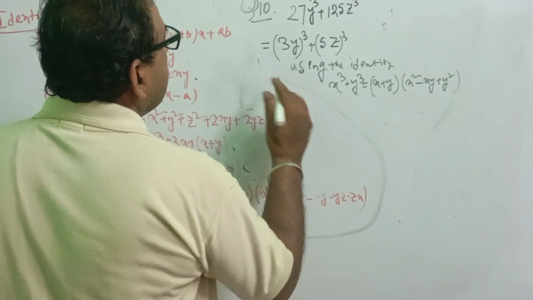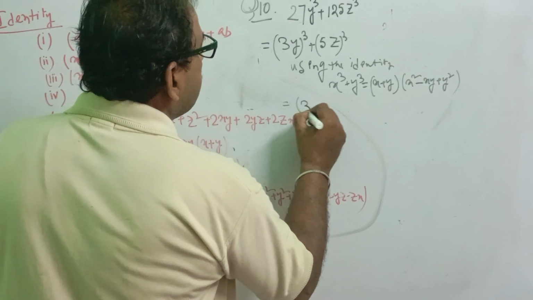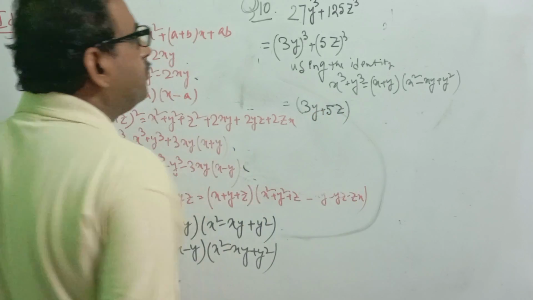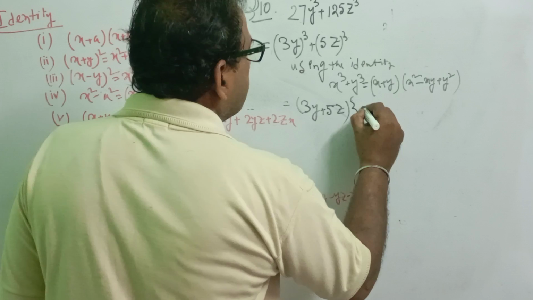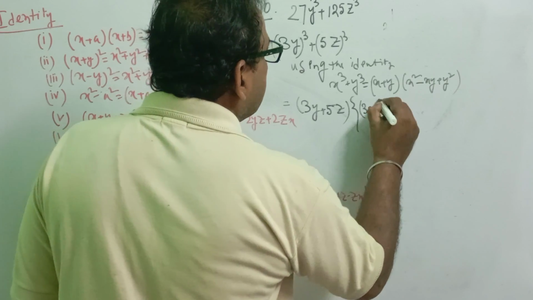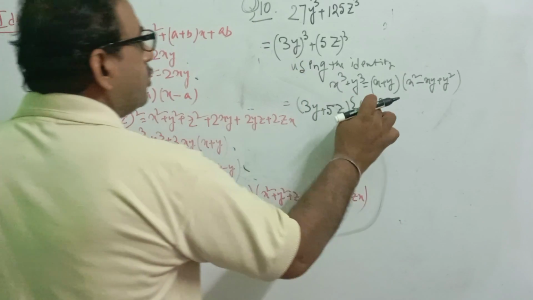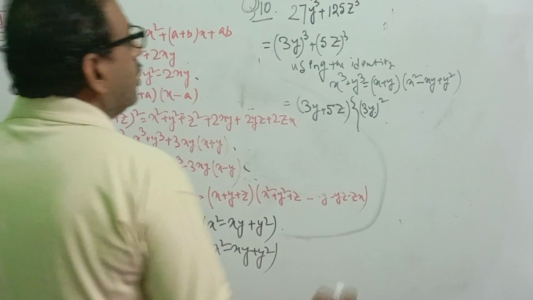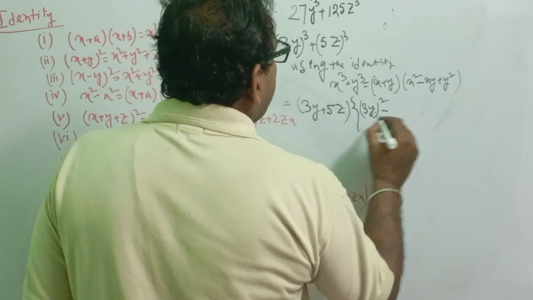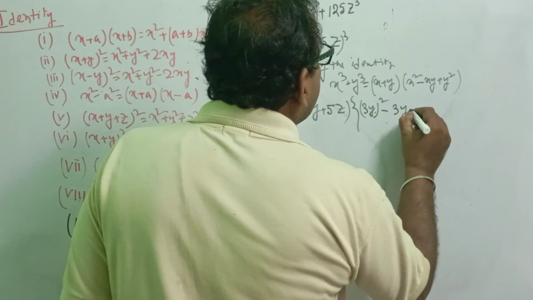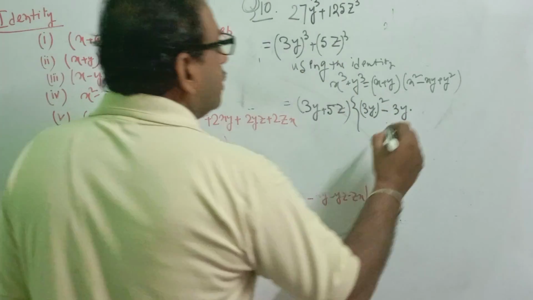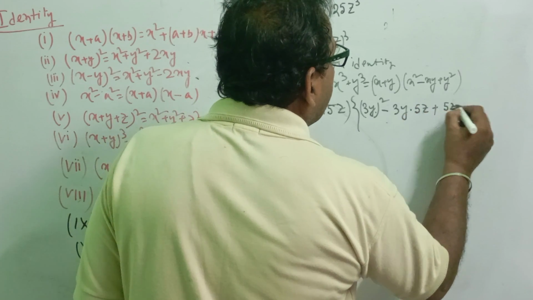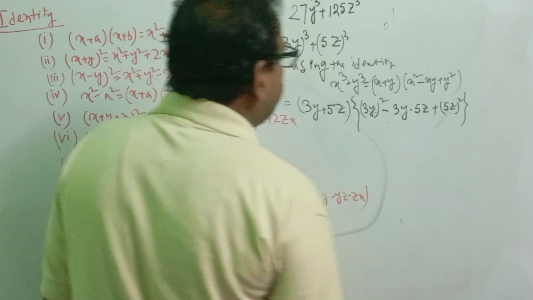Then this one is 3y plus 5z, into 3y whole square, minus 3y into 5z, plus 5z whole square.